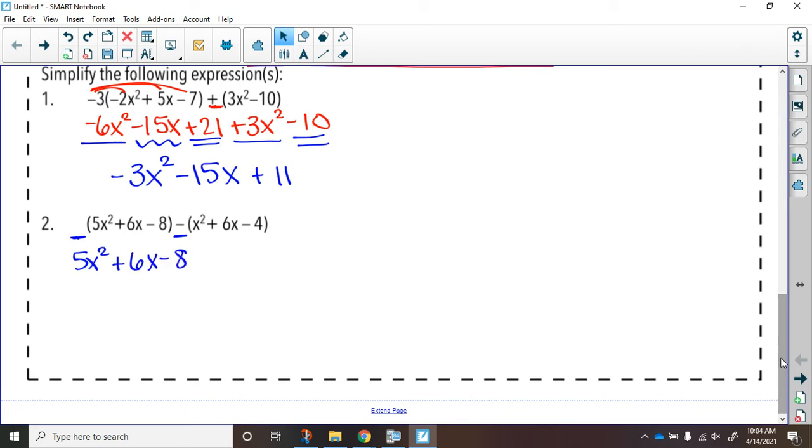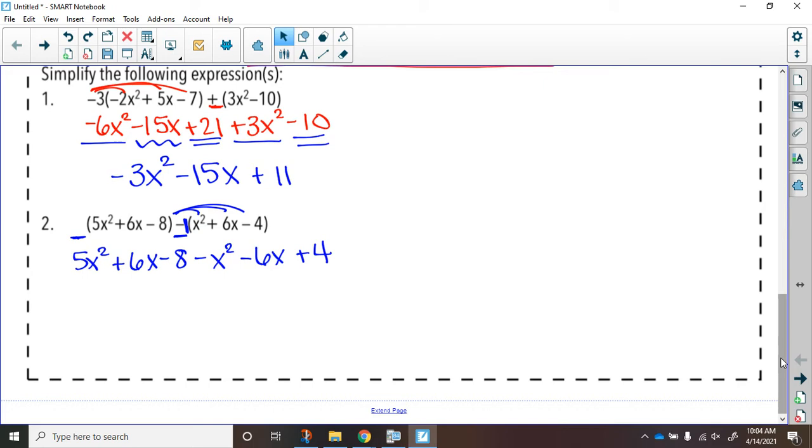And then in that second set of parentheses, there's technically a negative 1 out front, which will change the signs and give us a negative x squared minus 6x plus 4. Again, we just flip the signs.